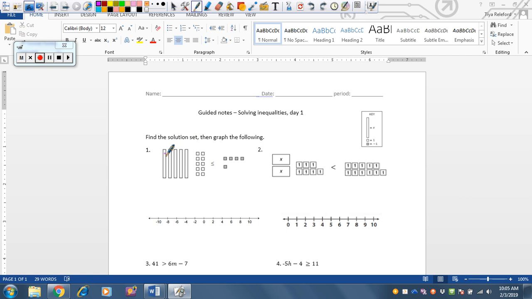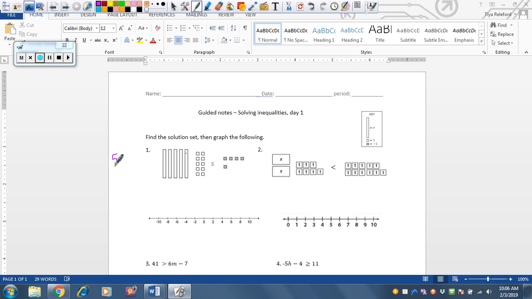To do this, you must write the equation from the picture. You don't have to use the picture to solve, but you do have to know how to read the picture. So 1, 2, 3, 4, 5.